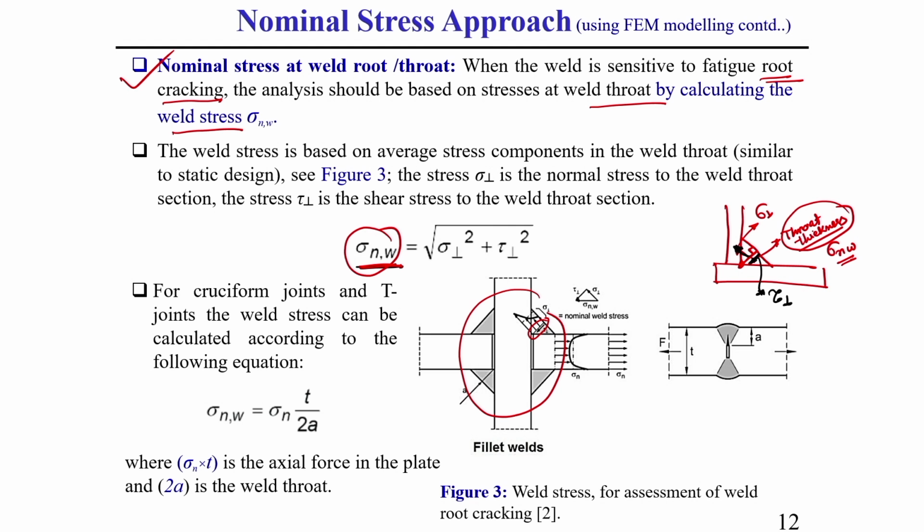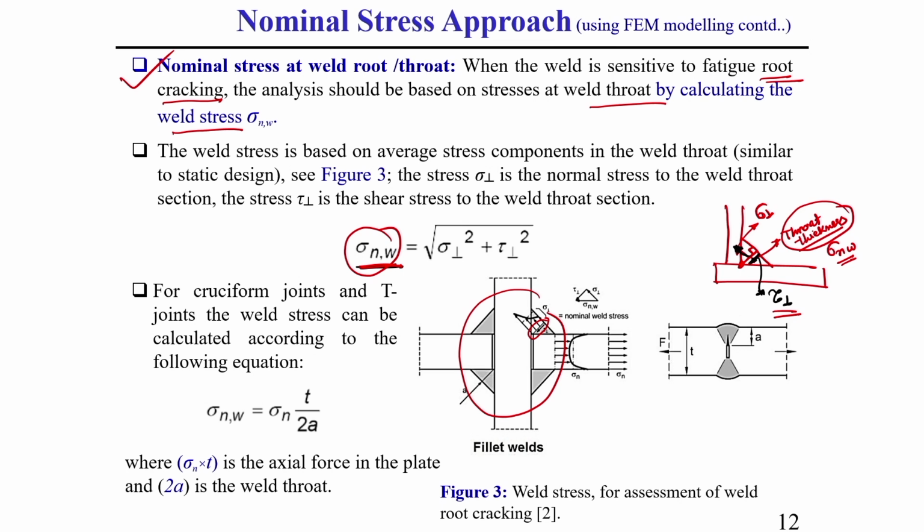So, how to calculate this nominal stress? In this throat area, we are getting one normal component stress and one shear component stress. The normal component stress will be perpendicular to the throat area and the shear component will be along the throat area.